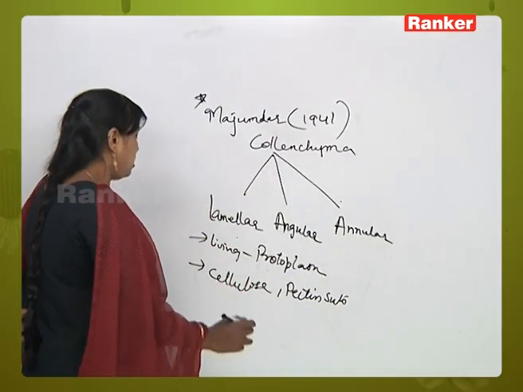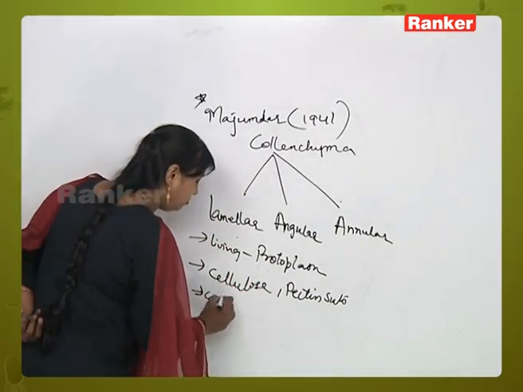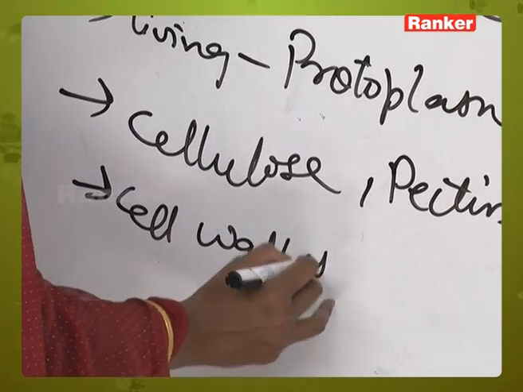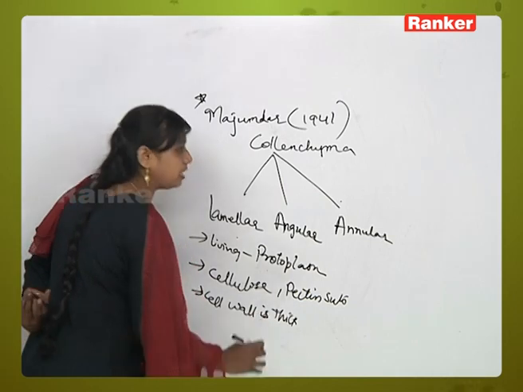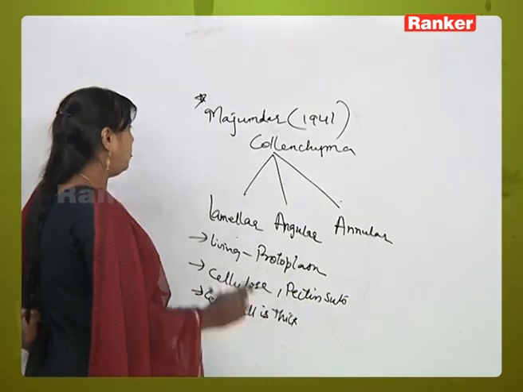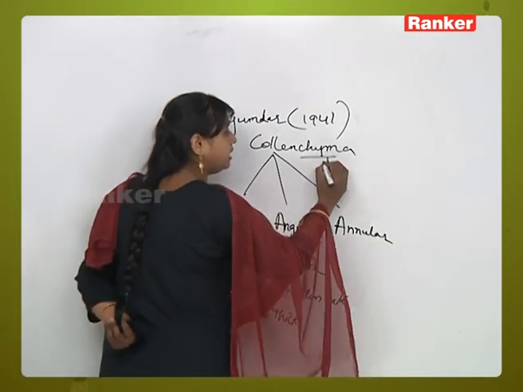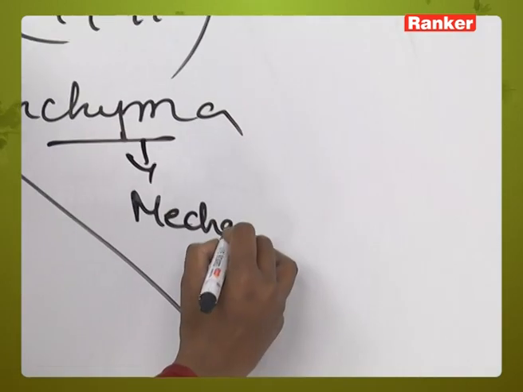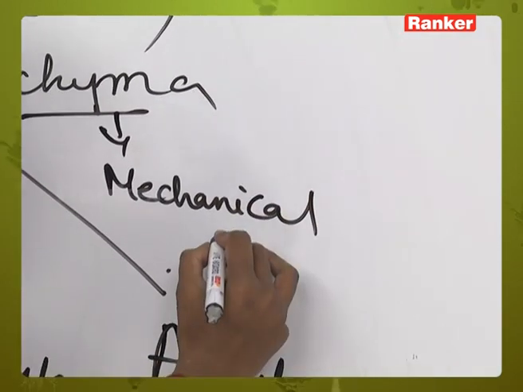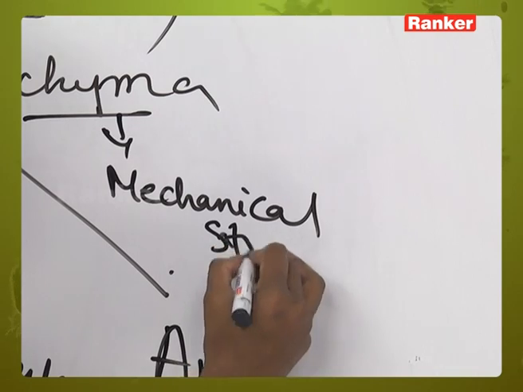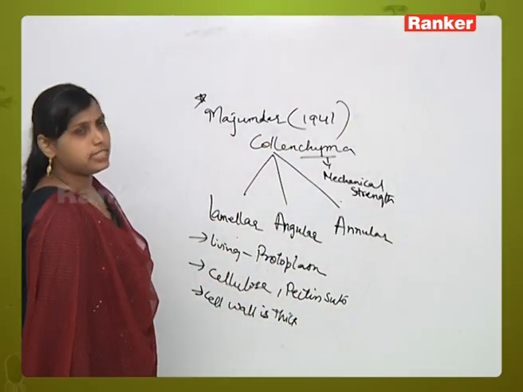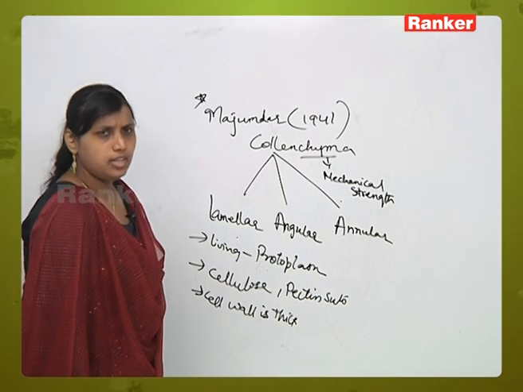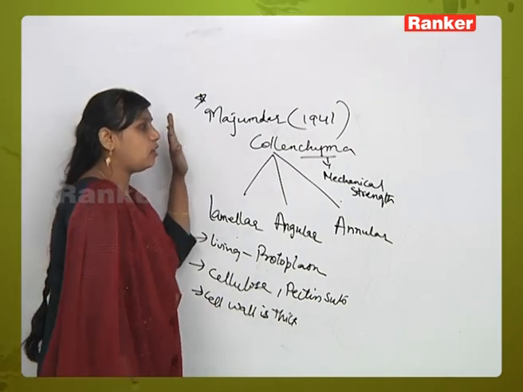In Collenchyma, the cell wall is thick, and the main function of Collenchyma is that it gives mechanical strength to the plant permanently. So this is Collenchyma tissue.